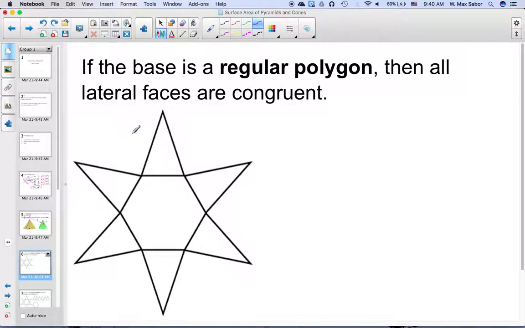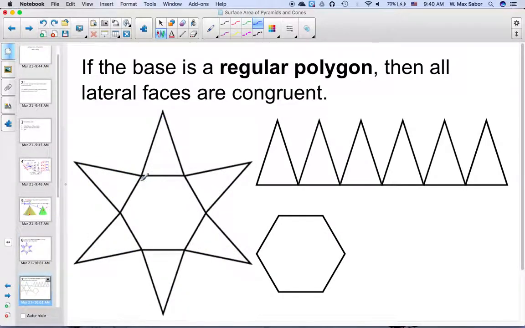If the base is a regular polygon, then all the lateral faces are congruent. So we have a bunch of triangles, and all these triangles are the same. We can list out those triangles next to each other. We have as many triangles as there were sides, and then we have the base.